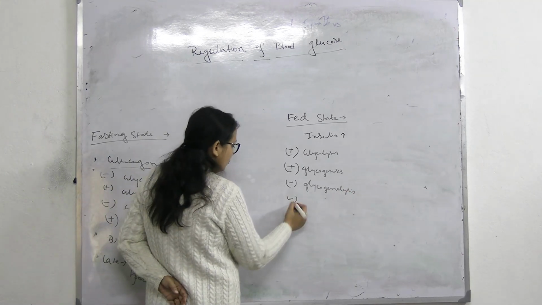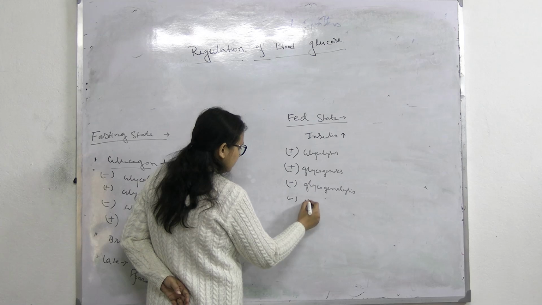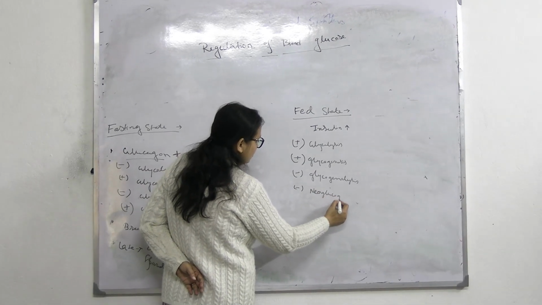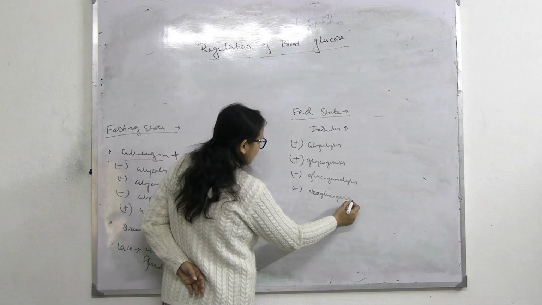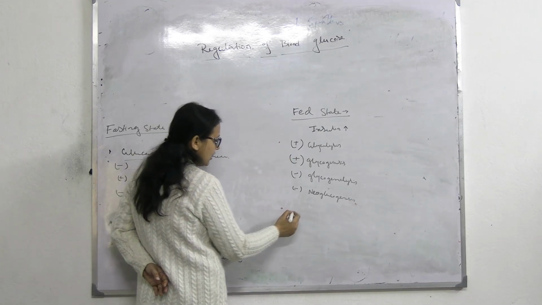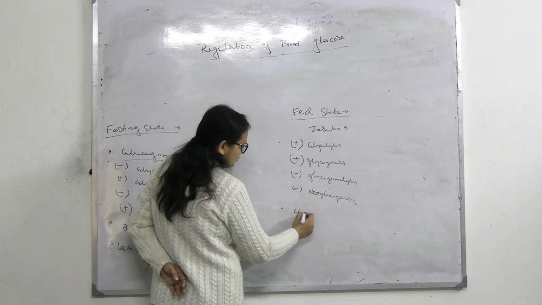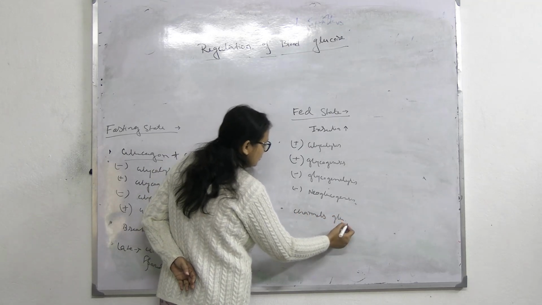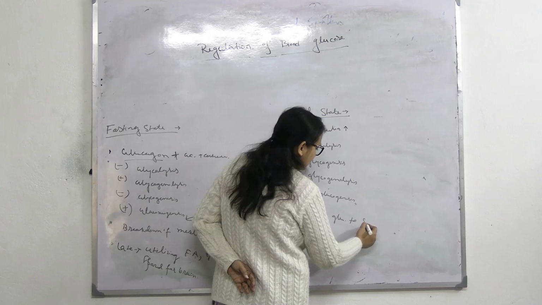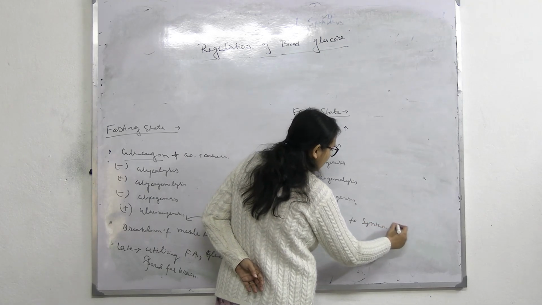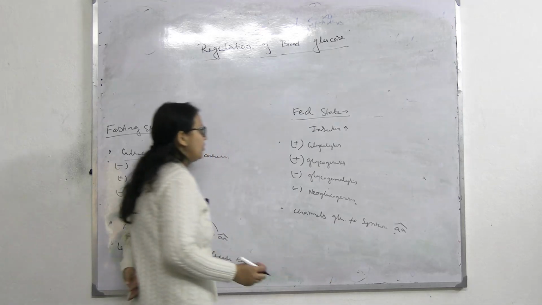What will happen to neoglucogenesis? Inhibition of neoglucogenesis, and it also channels glucose to synthesize amino acid, okay, to synthesize amino acid.